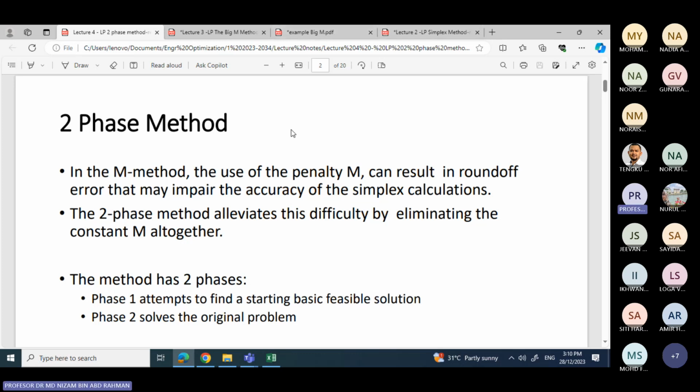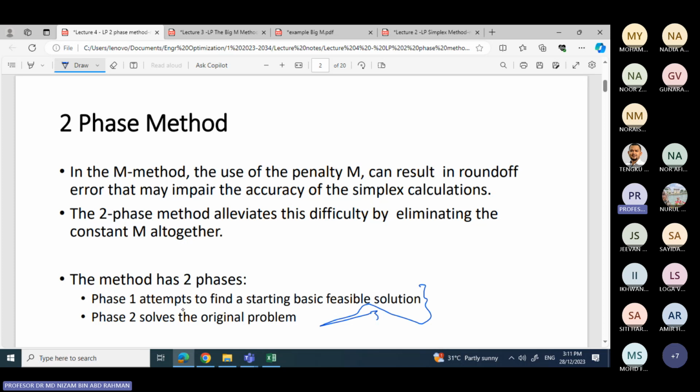Okay, let's move on. So let's look at the two-phase method. In the big M method, the use of penalty M can result in round-off error, as explained just now. The two-phase method alleviates this difficulty by eliminating the constant M altogether. So in the two-phase method, we do not use a big M multiplier, and it consists of two phases.